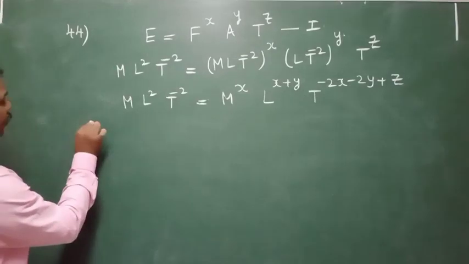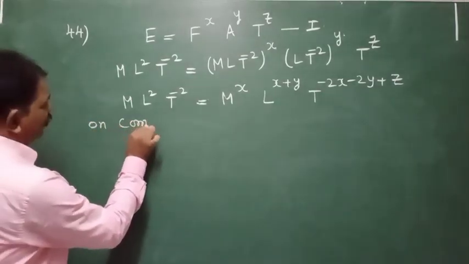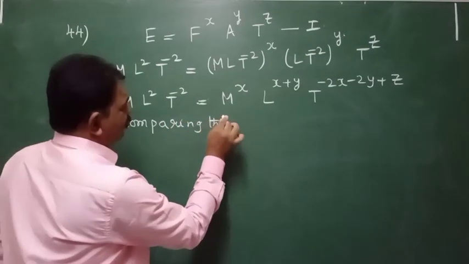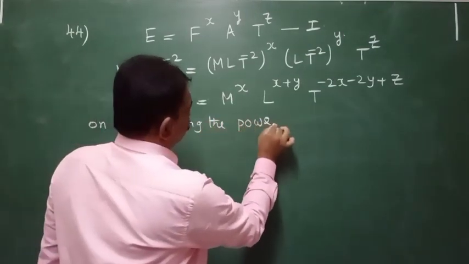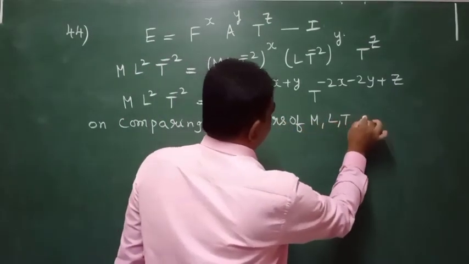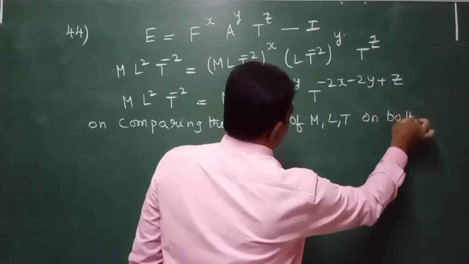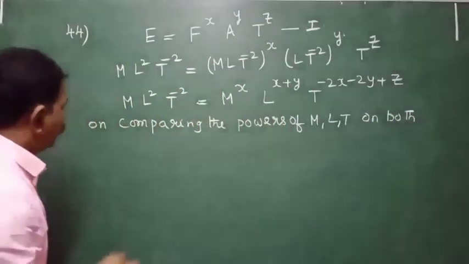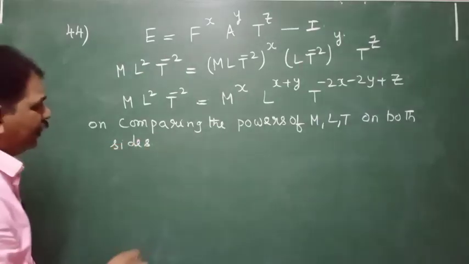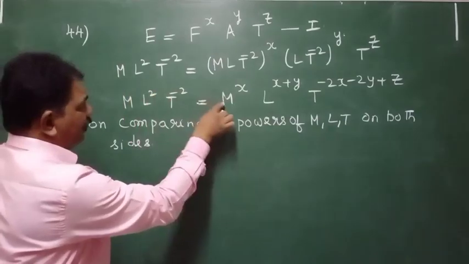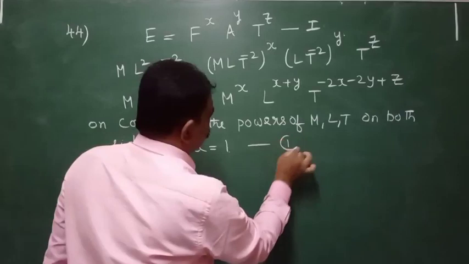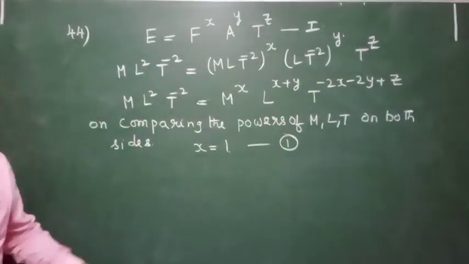Next step. On comparing the powers of M L T on both sides, here M power 1 is there, here M power x is there, so x is equal to 1.